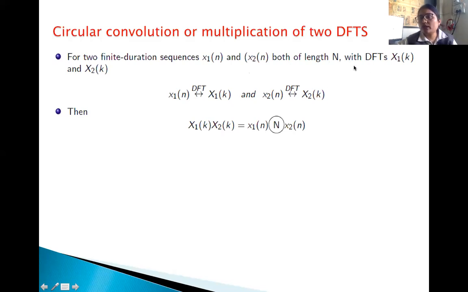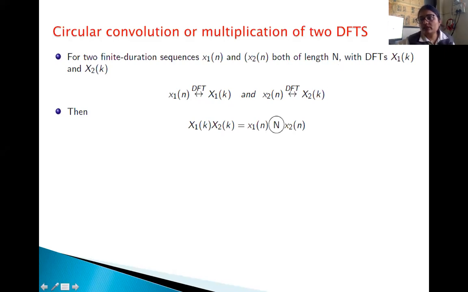So their corresponding DFTs we can find out. When we apply DFT to x1 of n, we get the output X1 of k. If I give the input x1 of n, then the corresponding DFT will be X1 of k. The length of x1 of n is equal to capital N. This is the length of the sequence.